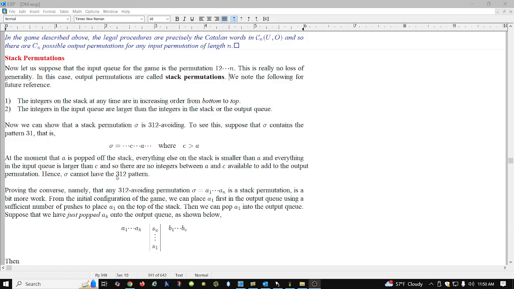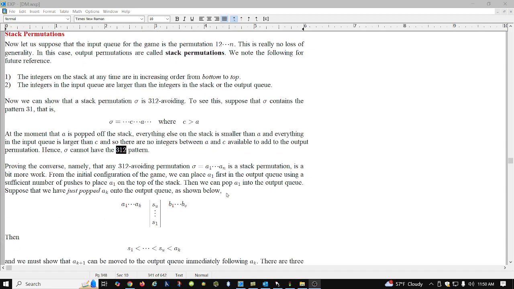So sigma cannot have a 3, 1, 2 pattern. It's going to be a little more work to prove the converse, that any 3, 1, 2 avoiding permutation is a stack permutation.